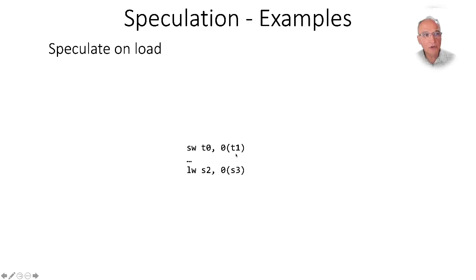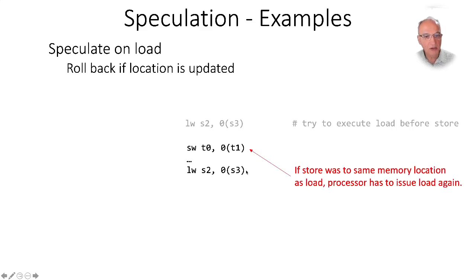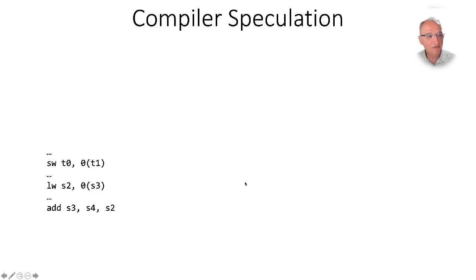So speculation consists of doing the load before the store, assuming that S3 and T1 are not the same, and if they happen to be the same, then I have to repeat the load. So if the store was to the same memory location as the load, the processor is going to have to issue the load again. This can be done in a number of different ways.